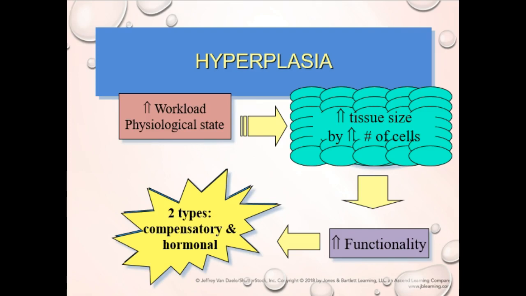So you have an increased tissue size due to the increased number of cells. Being very specific with those definitions, hypertrophy is an increase in the size of the cell itself. Hyperplasia is an increase in the number of cells. So the cell itself doesn't grow. The number of cells will replicate quicker.